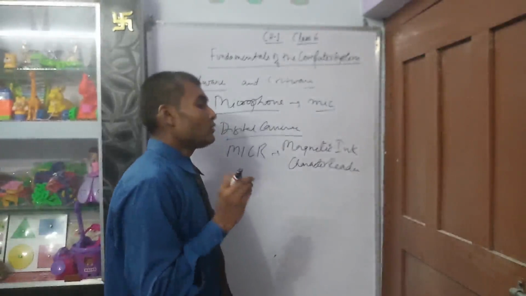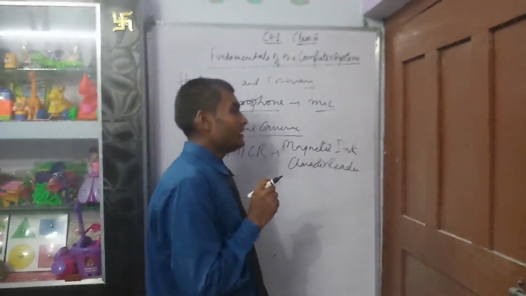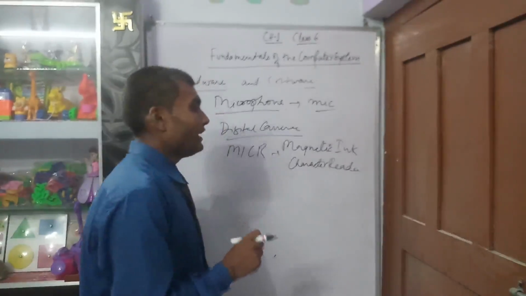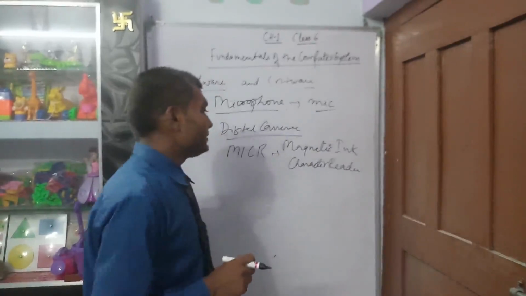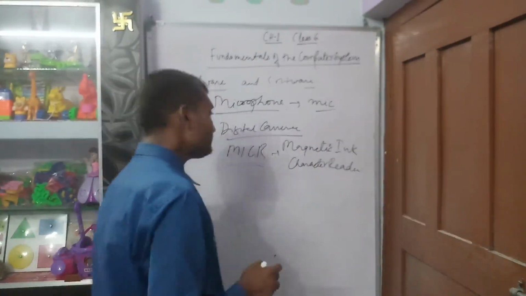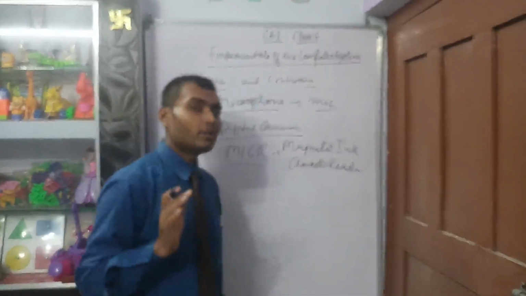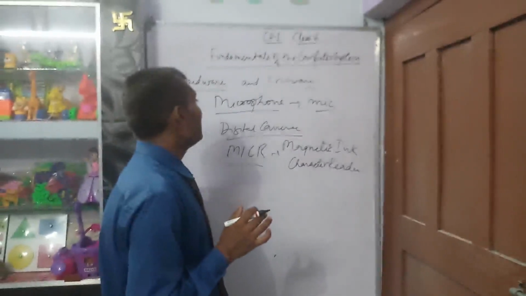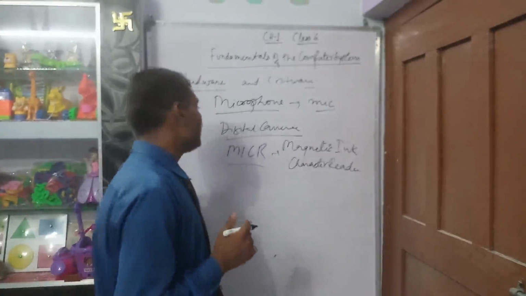All the codes given on cheques are written with this magnetic ink, and the magnetic ink character reader reads those characters. So these are all the input peripherals, the input devices which you connect to your PC.